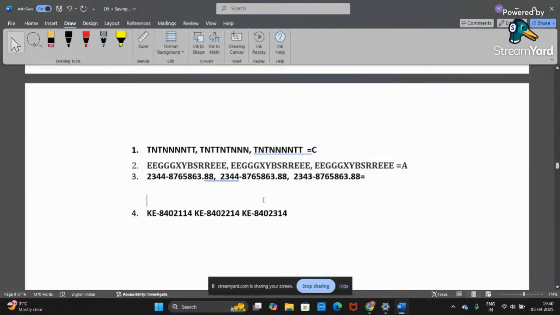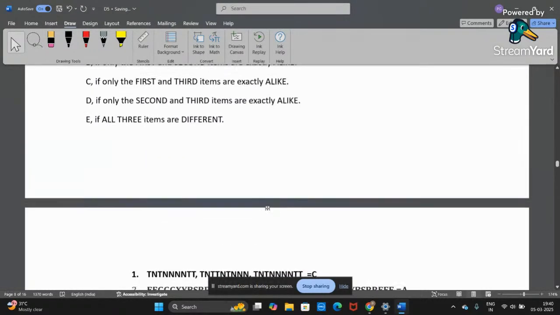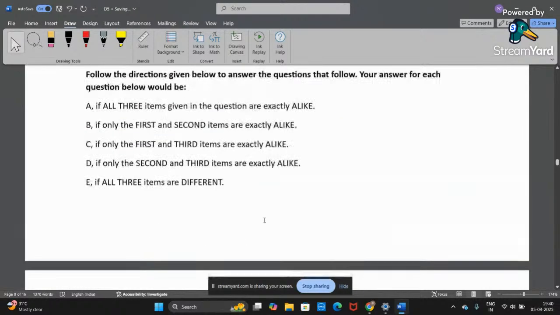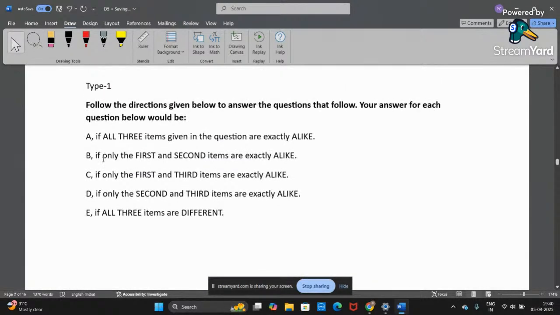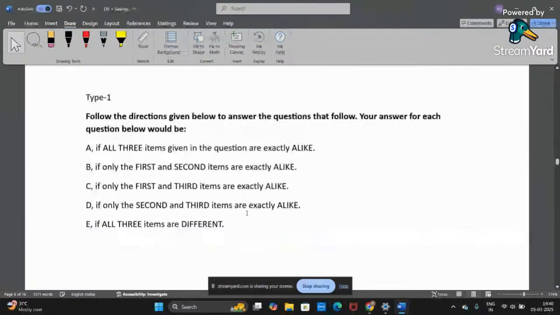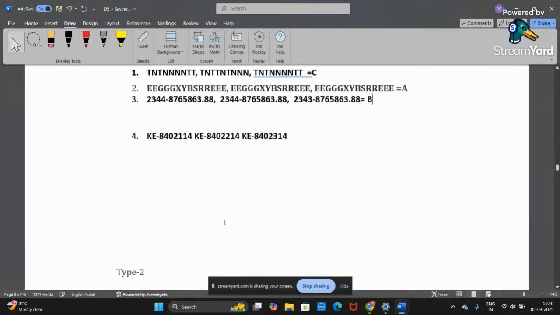In this option A and B, this first item and second item are alike. So which is the option? B. This option B is your right answer. This first item and second item are exactly alike. So B will be your answer.